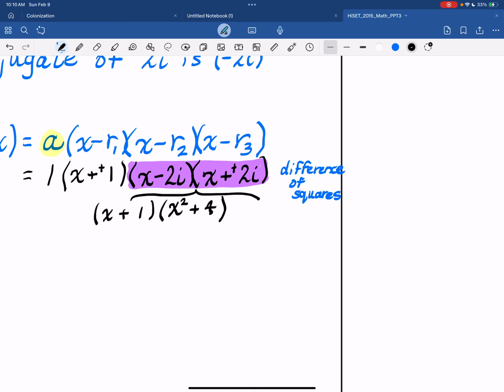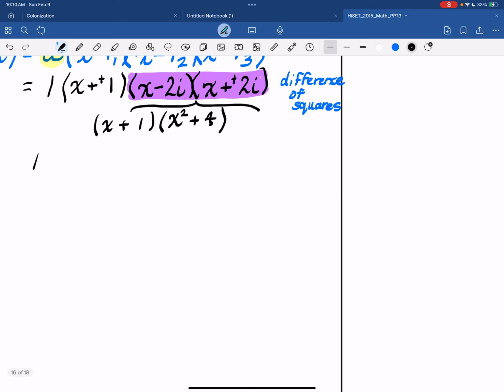So we are going to say that we FOIL this one because it's not a difference of squares. FOIL. So the first terms will be x and x squared. So that gives me an x cubed as the output. The outside terms are x and positive 4.